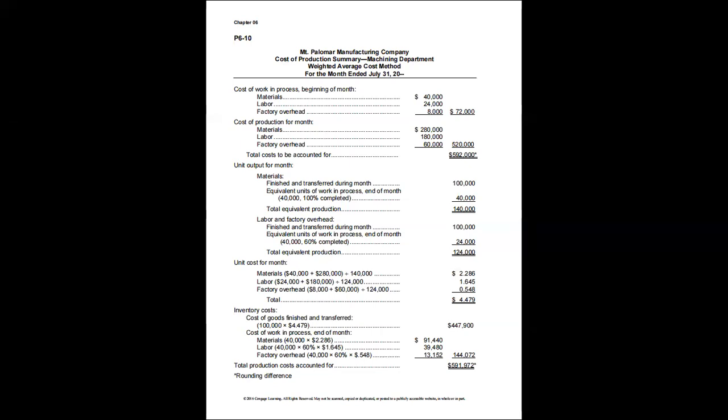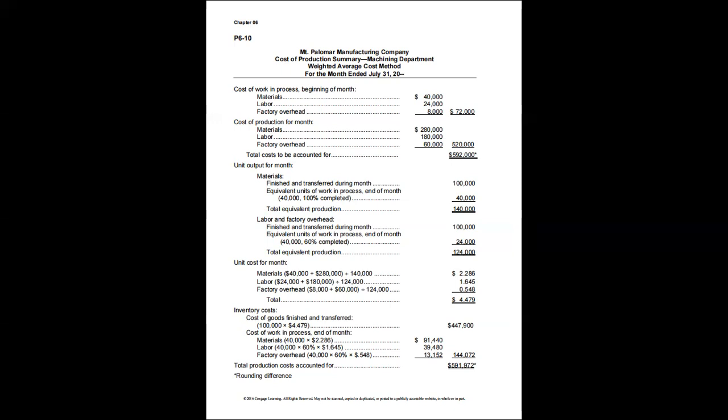So, machining and finishing. Units in process July 1, all materials, 40% labor and overhead. Units in process July 1, all materials, 80% of labor and overhead. That's in the finishing department. Units started in production 140,000. Units completed and transferred 100,000. Units transferred from machining 100,000.